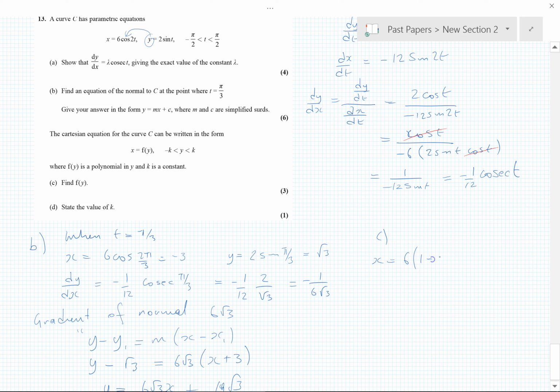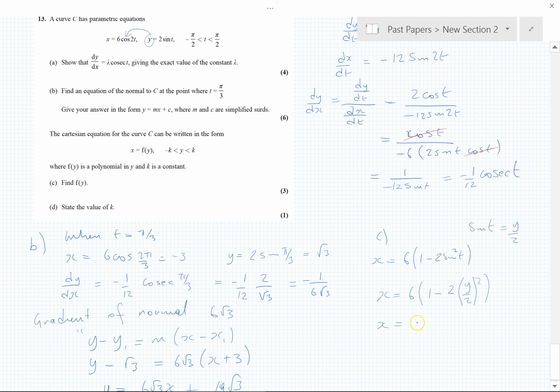That's 1 minus 2 sine squared t. Okay, so now I know that sine t equals y over 2. So I've got x is equal to 6 times 1 minus 2 times y over 2 squared.